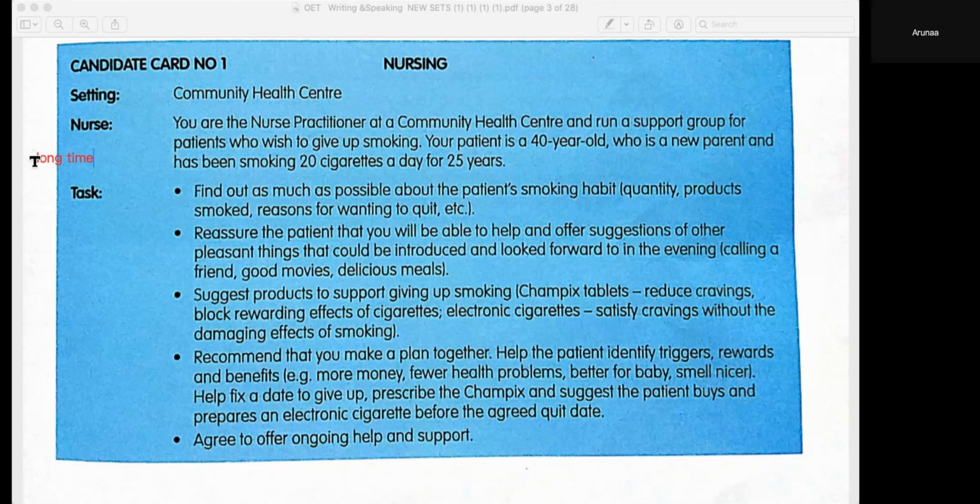So while you want to smoke, you can use that electronic cigarette and think that you are smoking, right? It will help you to change your craving needs. Are you getting me? Yes, I'm getting you.